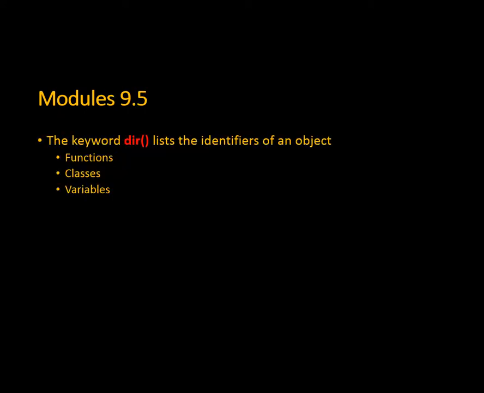Let's look at modules 5 and 6 real quick, and then I've got a little challenge for you for the rest of class. In module 5, we talk about the keyword dir. And dir lists the identifiers of any object that we're using within Python. So it can talk to us about functions, classes, and variables that we're using.